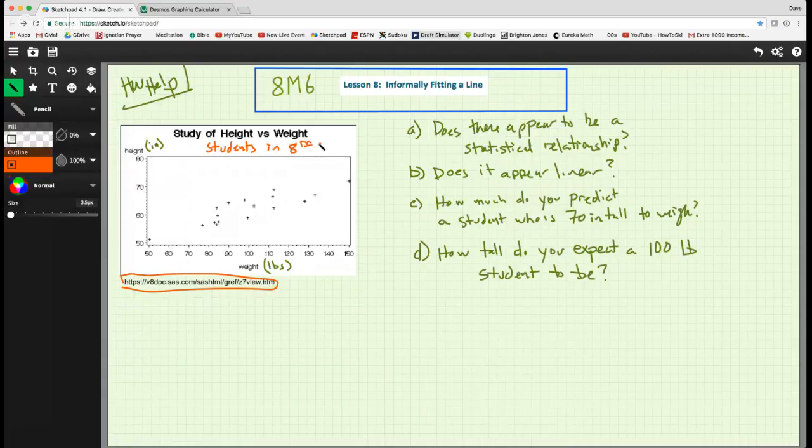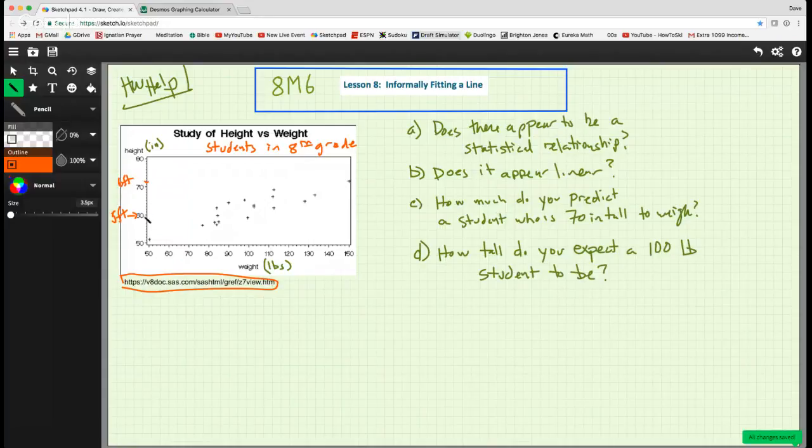I'm going to say it's in 8th grade. I'm not sure it was in 8th grade, but this could be 8th graders. Yeah, because 60 inches is 5 feet, and 72 inches is 6 feet.